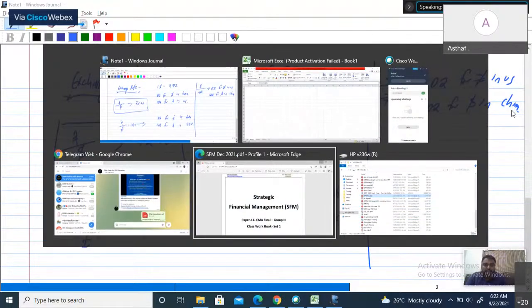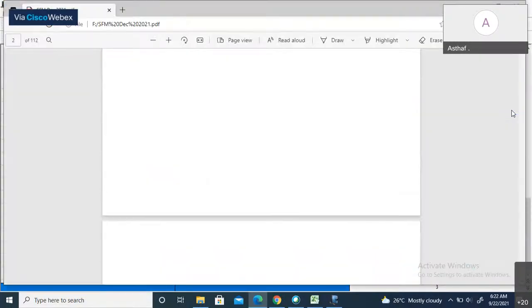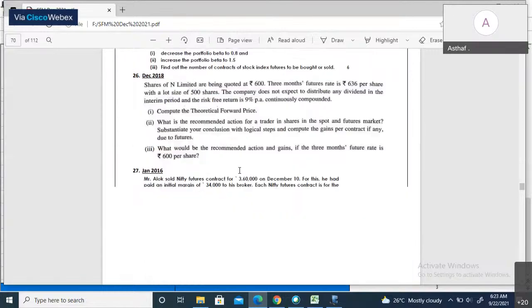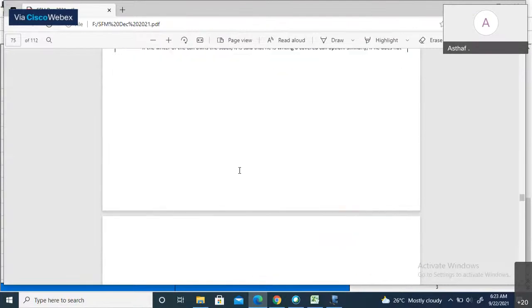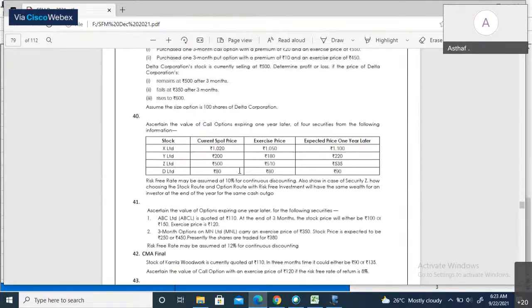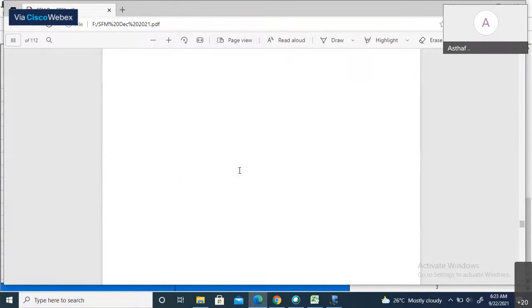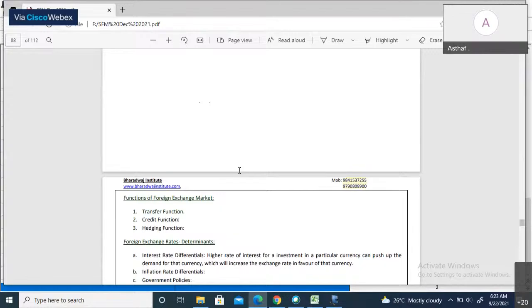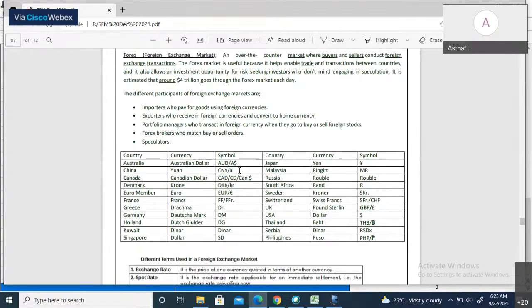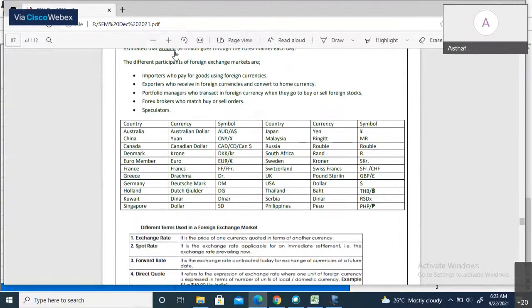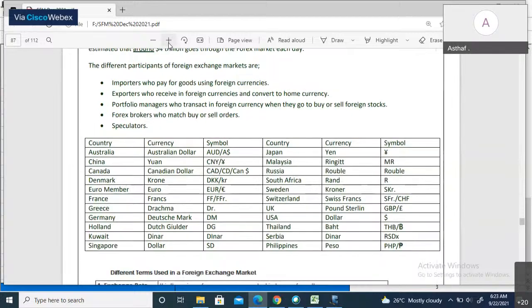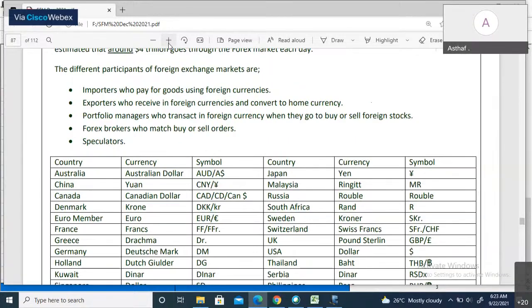You should have a basic idea of the currency of all countries. This morning, I shared one material that is not forex material. That material belongs to the MCQ area because we have MCQ problems. This is the currency of different countries; I just gave a small example. You should have an idea about the currency of different countries and their symbols.